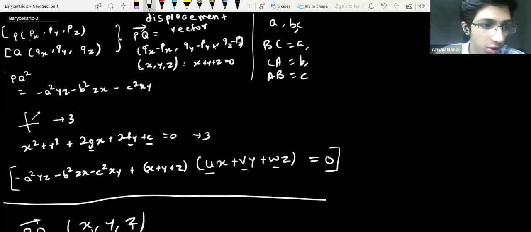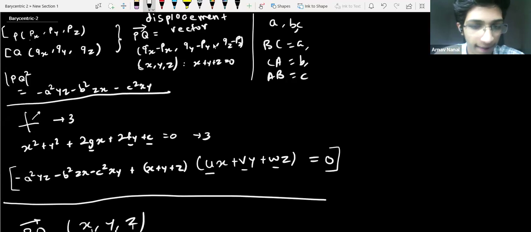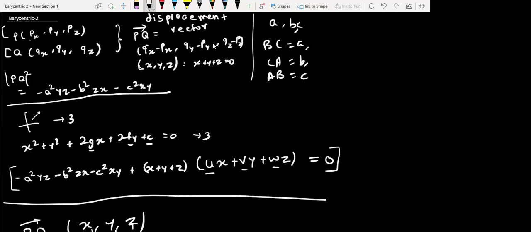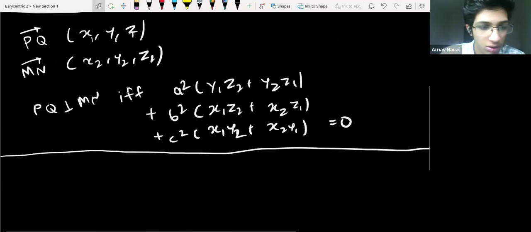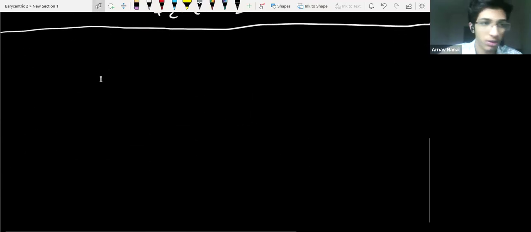Then the distance PQ square is given by this formula. Did you get it? Yes. Cool.